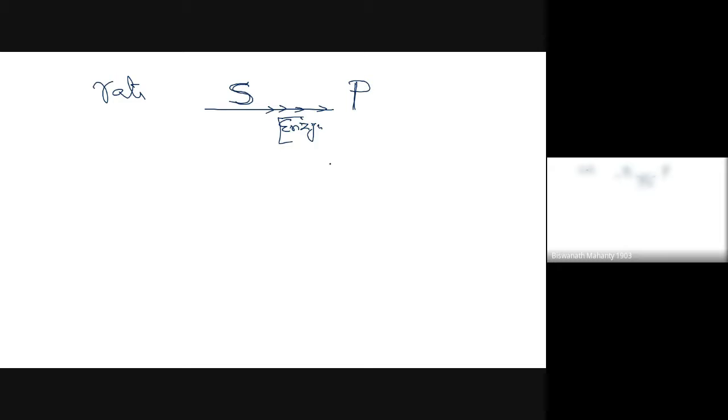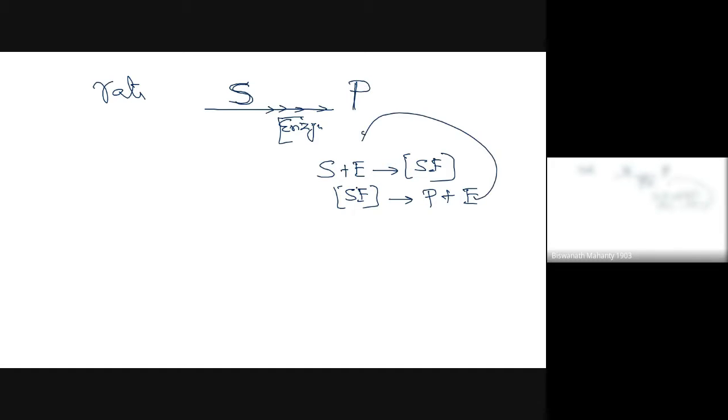So substrate is binding with enzyme, and they form a substrate enzyme complex, which is again going to break down and form some product plus getting back the enzyme. So several things are happening. If you have studied enzyme kinetics, you can speak on that. Of course, there is some reverse rate of conversion also.